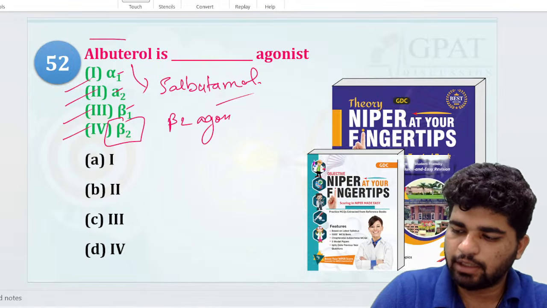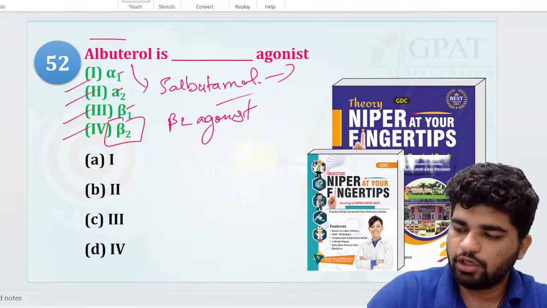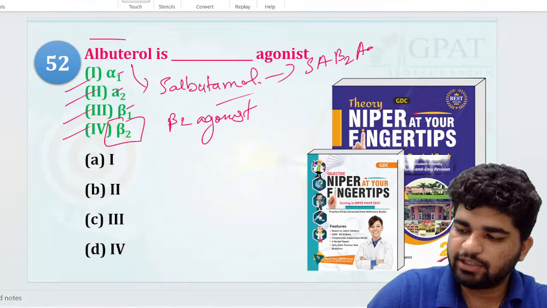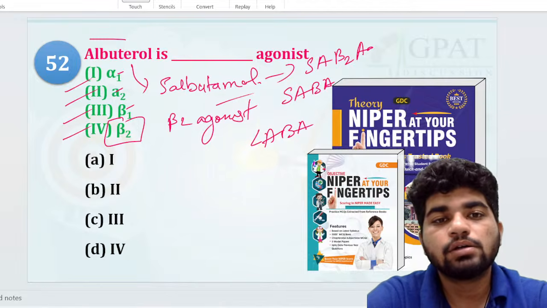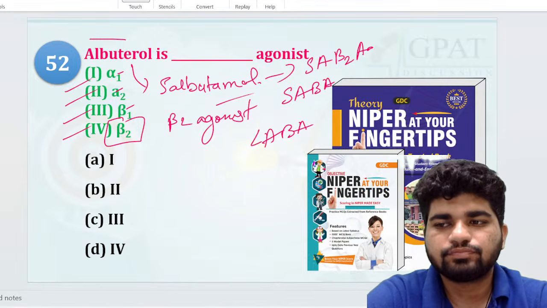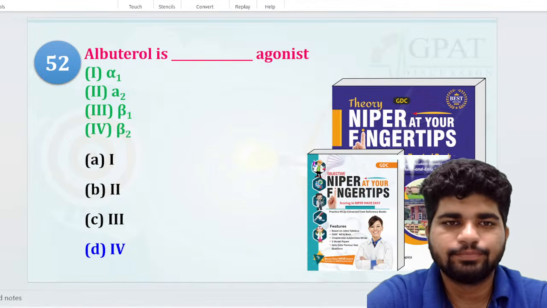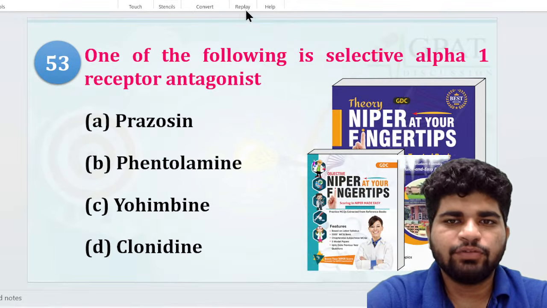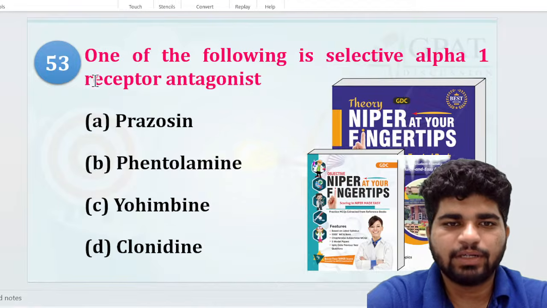And that is your short-acting beta 2 agonist. That's why it is known as SABA. What is LABA? LABA is your formoterol and salmeterol.